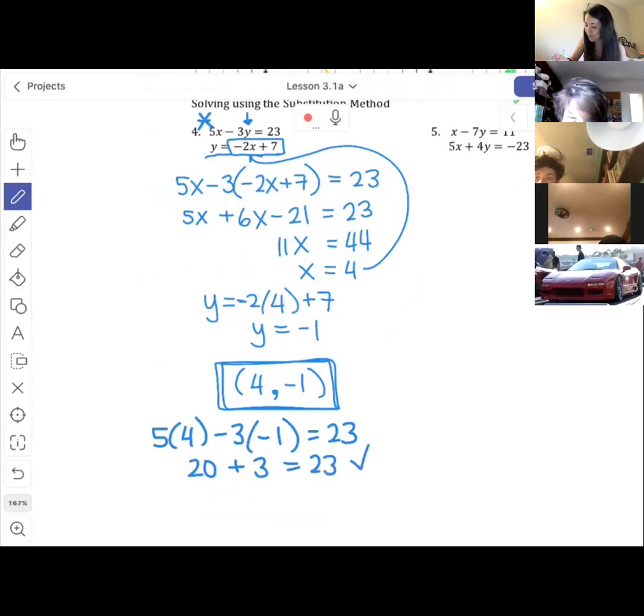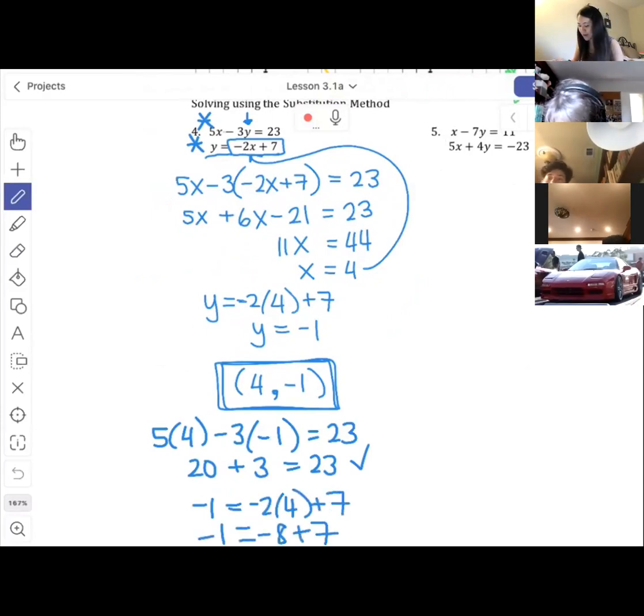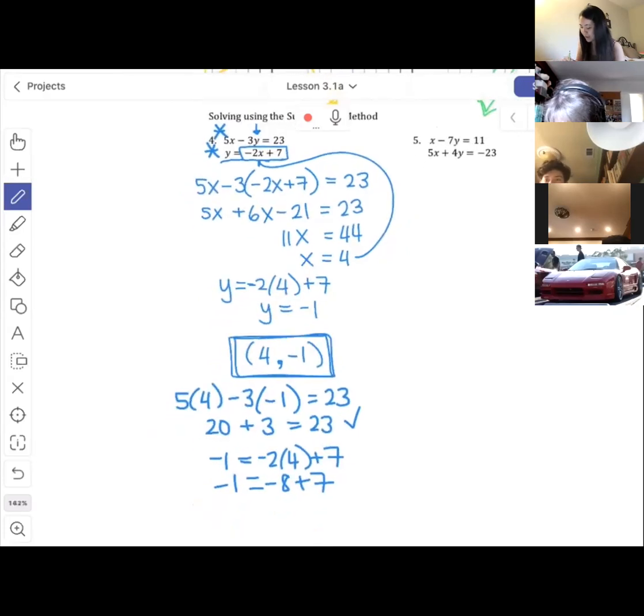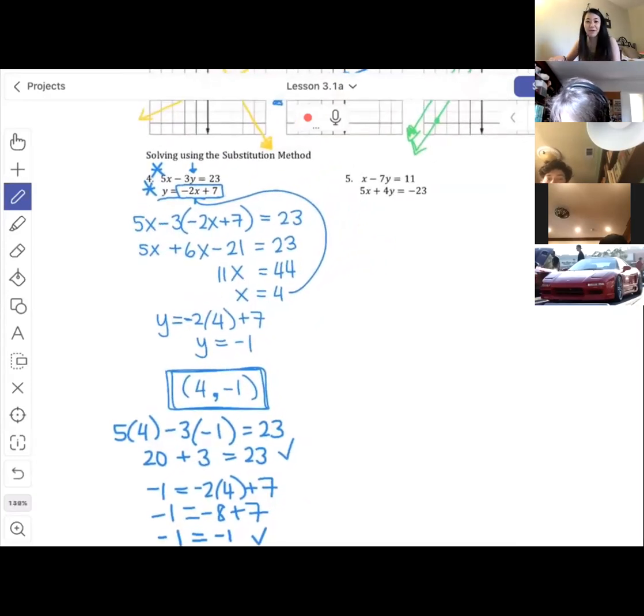And do the same thing for the second equation, negative 1 for y, 4 for x, and we get negative 1 is equal to negative 1. So if you plug it back into both equations, you can double check and make sure that you get 100% on this question. Okay? All right, any questions on that one?